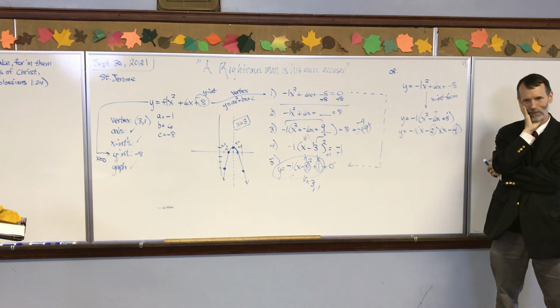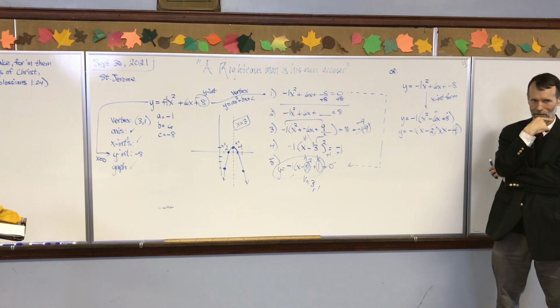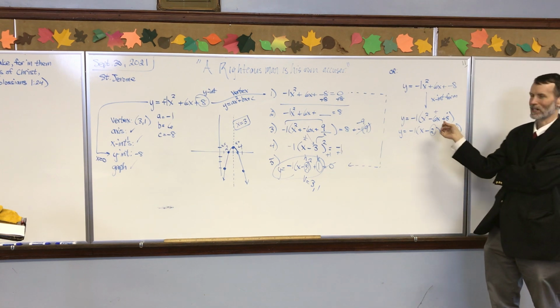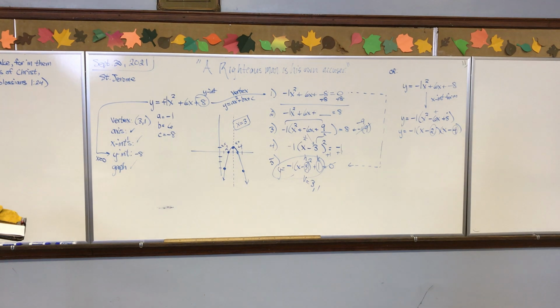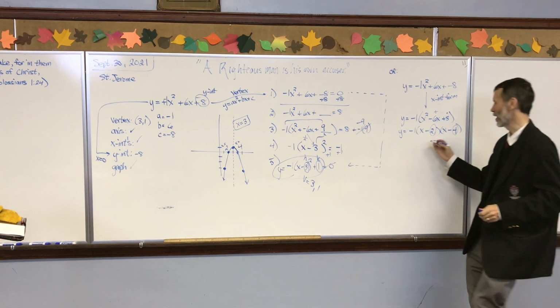How do you get the axis of symmetry? The x on the vertex. Assume we don't have the vertex yet. How do you find the axis of symmetry? All we know is the two x-intercepts. So here's the graph so far.